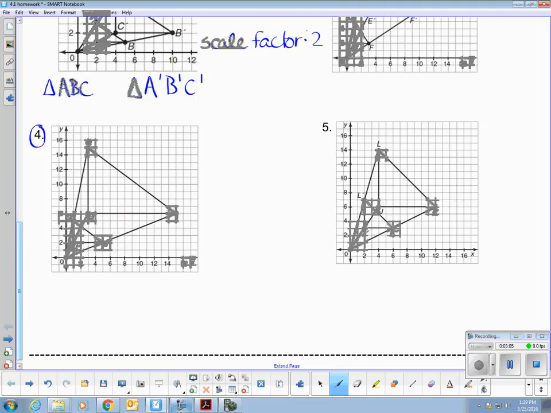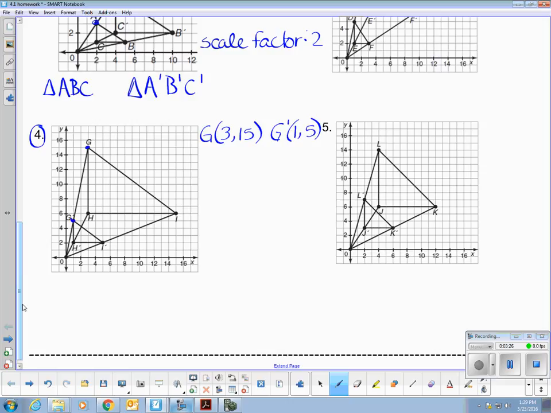In number 4, point G is at 3, 15, whereas G prime is at 1, 5. Point H, 3, 6.